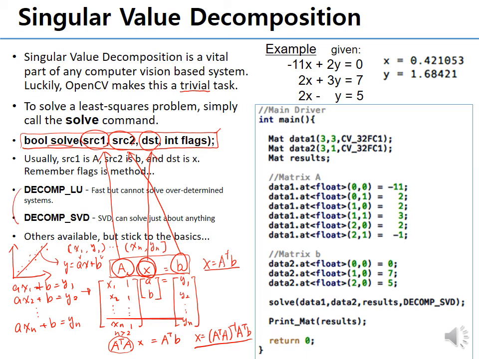There are two methods and other available methods, but these two are the most popular ones. LU decomposition is fast but cannot solve an overdetermined system. So SVD decomposition can solve just about everything. Okay, so this is better.